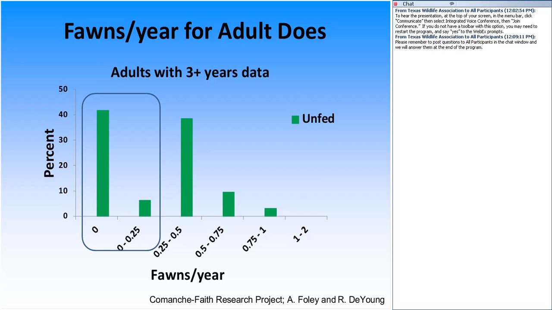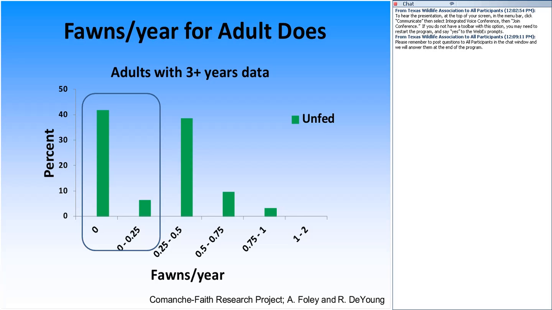So one thing that jumps out immediately is in this blue box here, there's about 45% of the does in these enclosures without supplemental feed that were just not successful at raising fawns. A little over 40%, we never detected a fawn in 3 or more years of data for each of those does. About 5% of the does recruited maybe 1 fawn over that period, so 0 to 0.25 fawns per year on average.